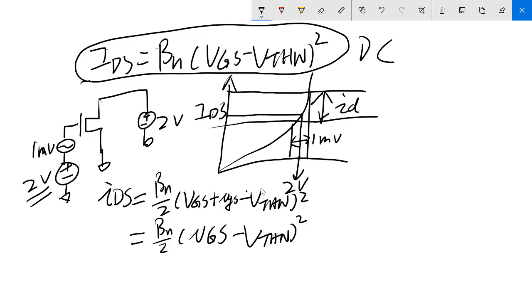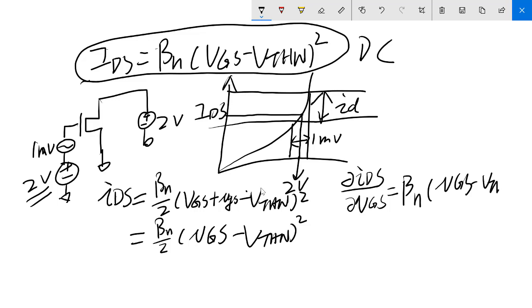The way to do that is to take the derivative of IDS with respect to this, and because the 2 will be canceled, there won't be any 2 anymore. So it's going to be beta n times VGS minus VTHN.